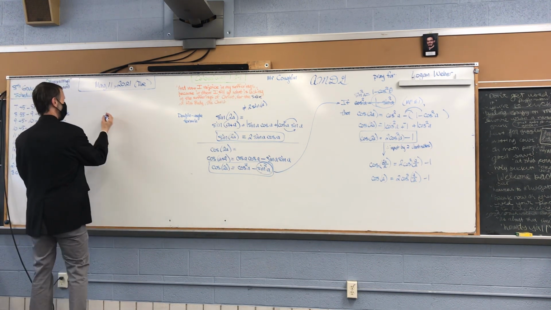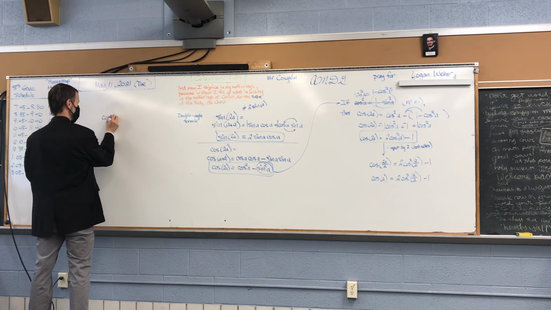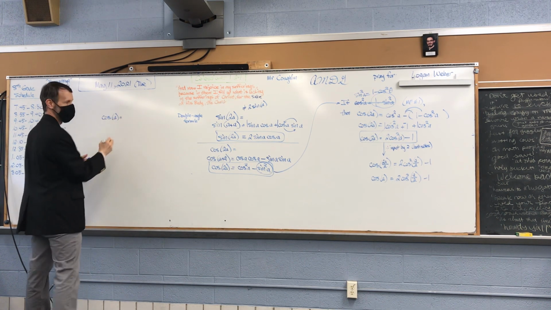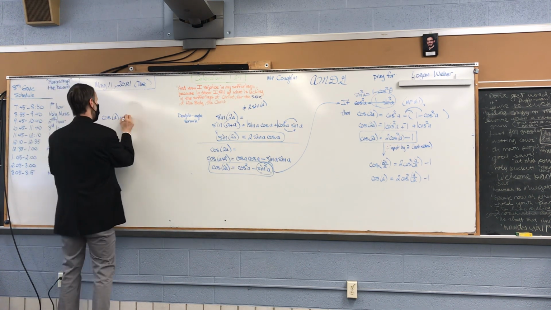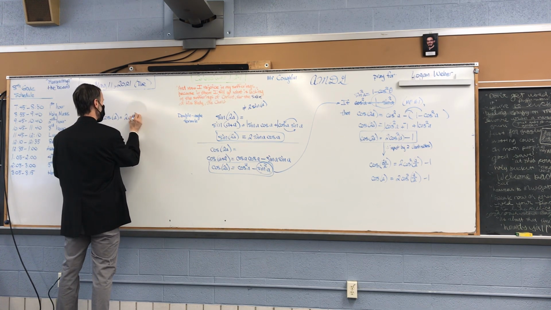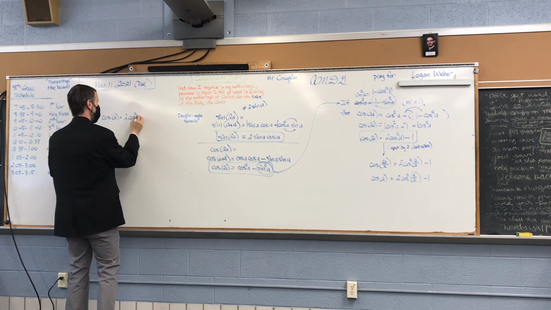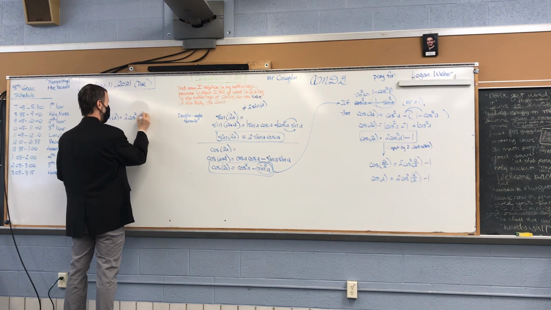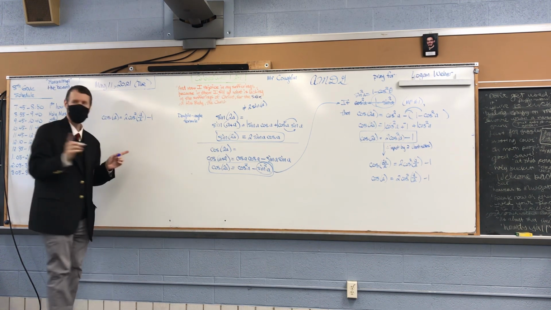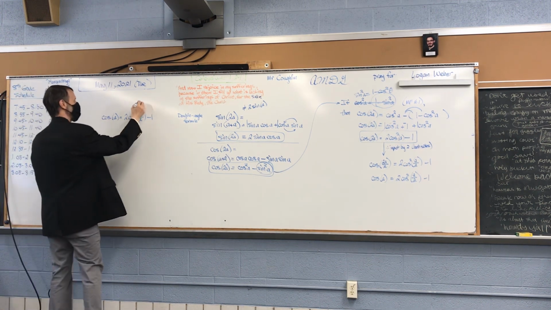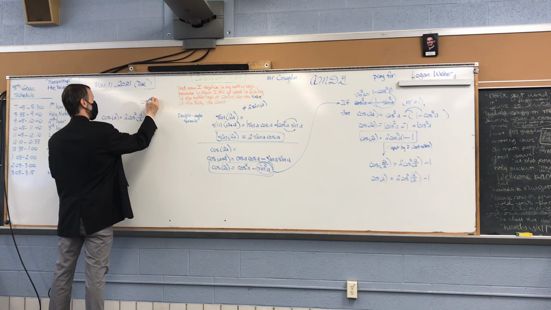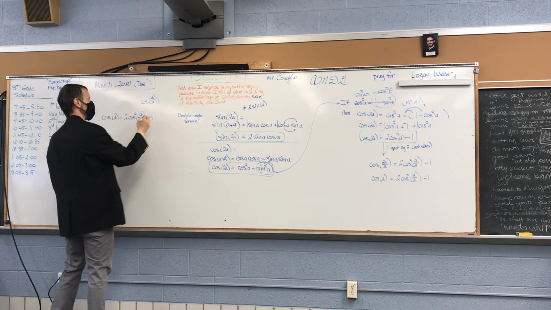But let me rewrite what we had so far. Cosine of A is equal to 2 cosine squared of A over 2 minus 1. Do me a favor. I want to get this by itself.